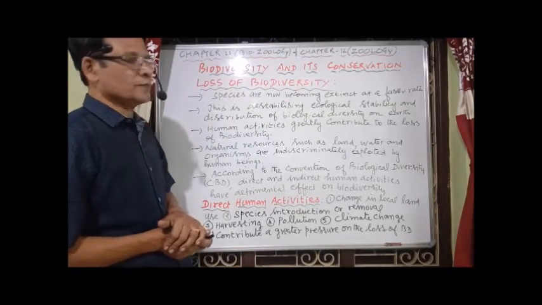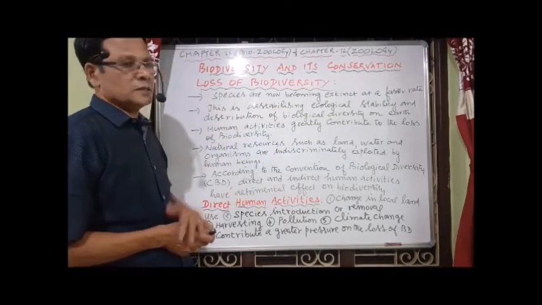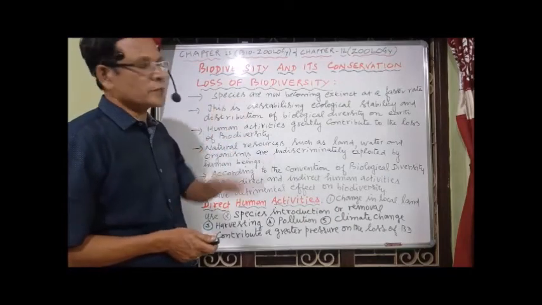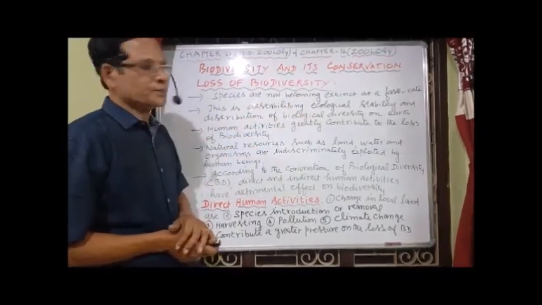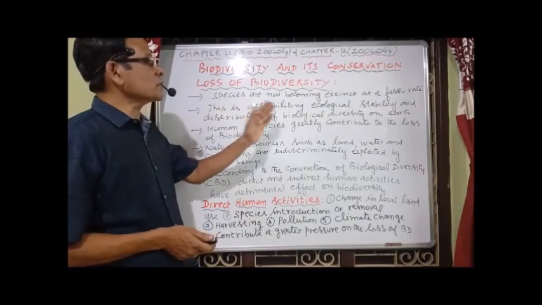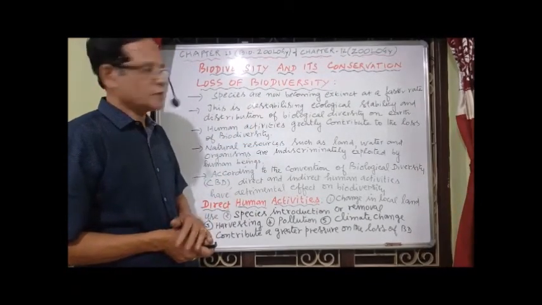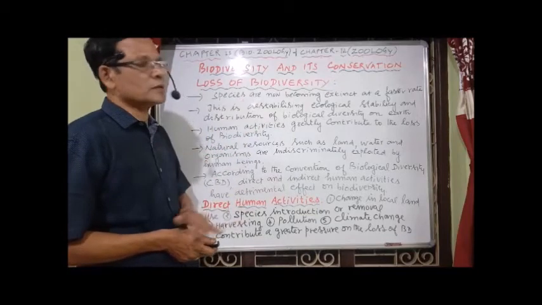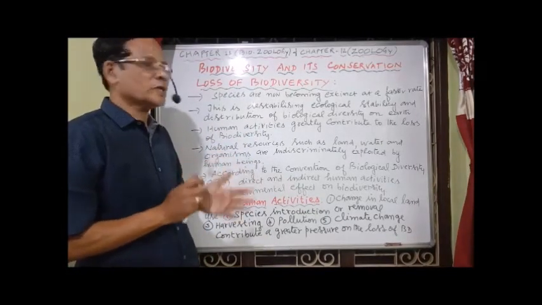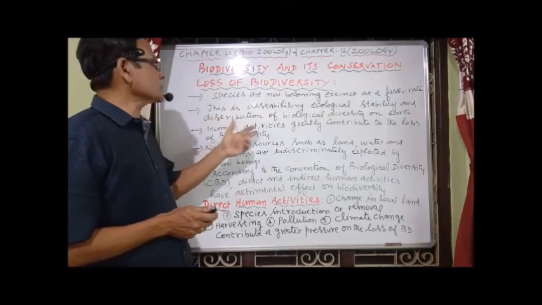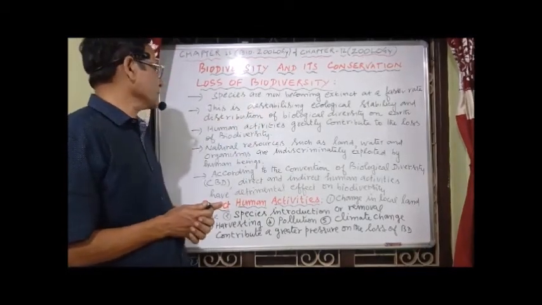This faster rate of extinction is destabilizing the ecological stability and the distribution of biological diversity on Earth.